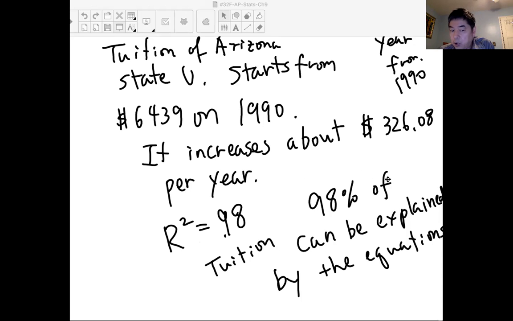You can go with your textbook, but this is my way of answering. 57.2% of the variation in the number of red squirrel offspring can be explained by the equation y hat equals the same equation, where x is the index of the abundance of pine cones. So you define what x and y are in this sentence as well, okay?